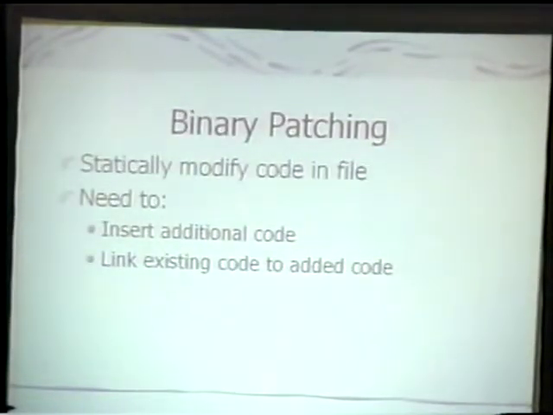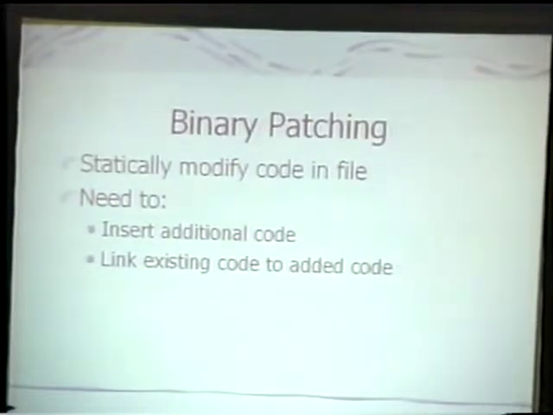Okay, so fair enough. Now it's actually time to move on to the interesting stuff. We're going to start to talk about real techniques and real life uses of these techniques. So the first one, the most obvious one, if you want to modify the way programs and processes behave, is to just modify the code in the file, patch the file. This is very, very commonly used under Windows.